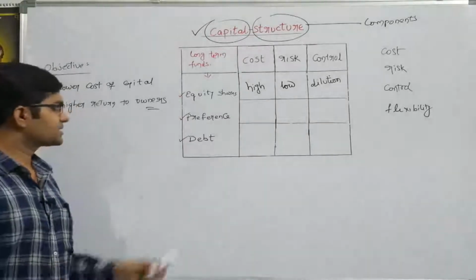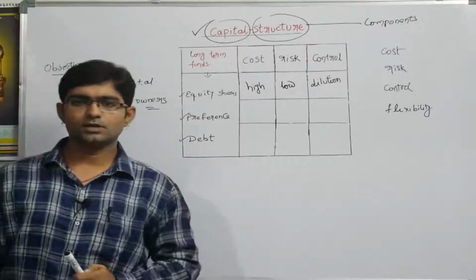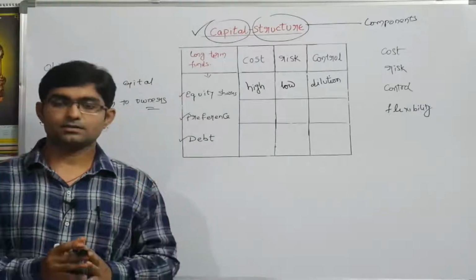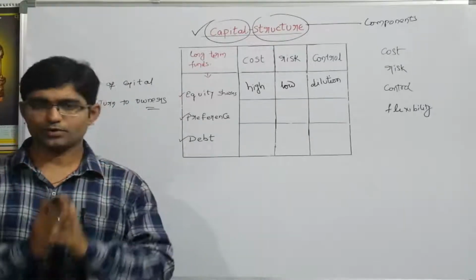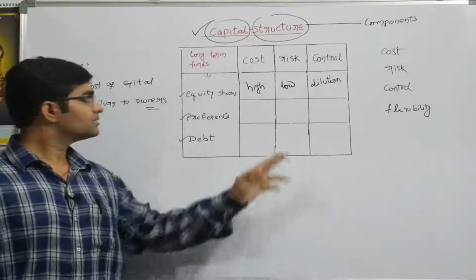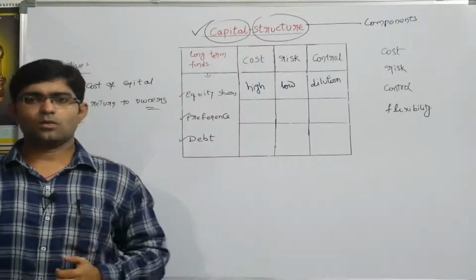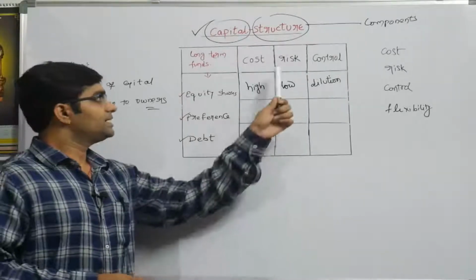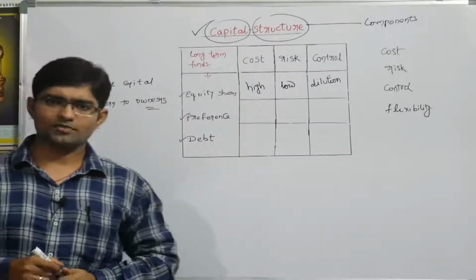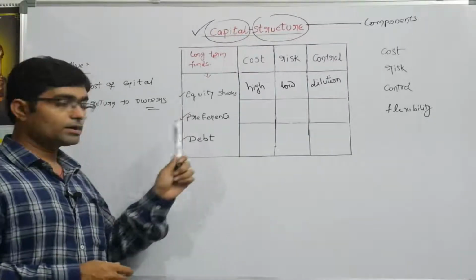Okay, next, preference. What about cost? The cost of preference funds is lower when compared to equity, because the risk is medium to the company. Why? These preference shares generally have a fixed amount of dividend, a fixed amount we need to pay, and generally they are cumulative.